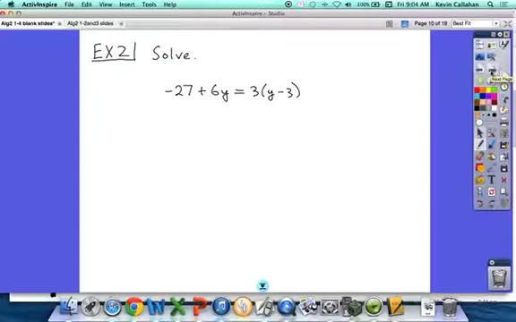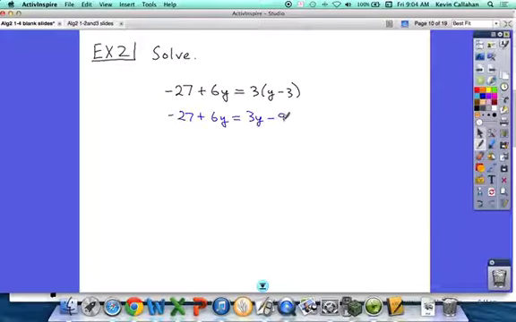Okay, how about this one? Any simplifying to do before we start adding things side to side? Yeah, what is it? Let's do a distributive property on the right before we decide what we're going to do. So distribute. Negative 27 plus 6y equals 3y. What's the next term?